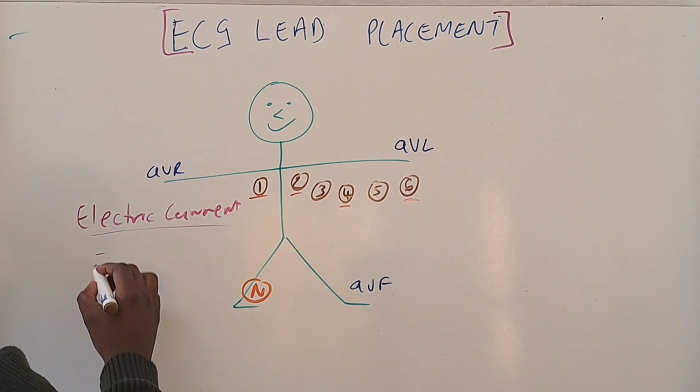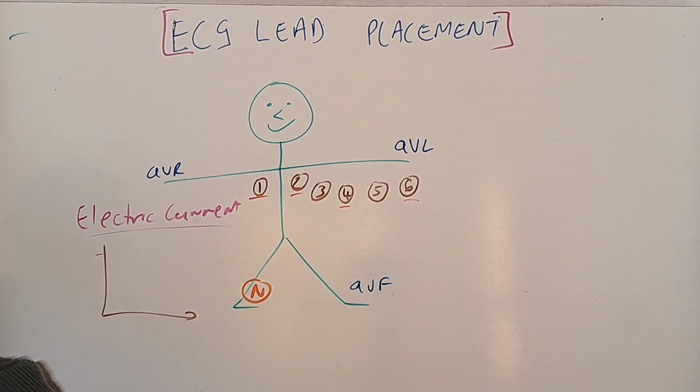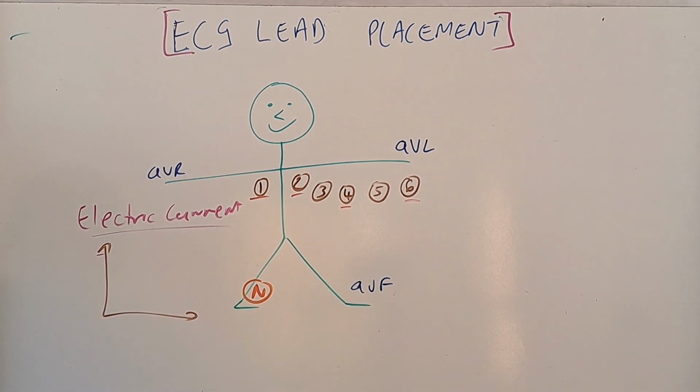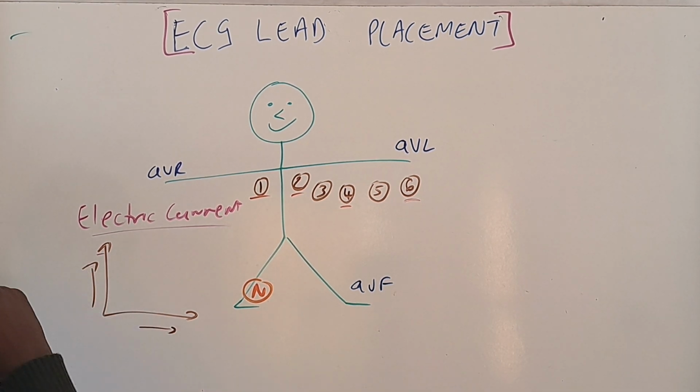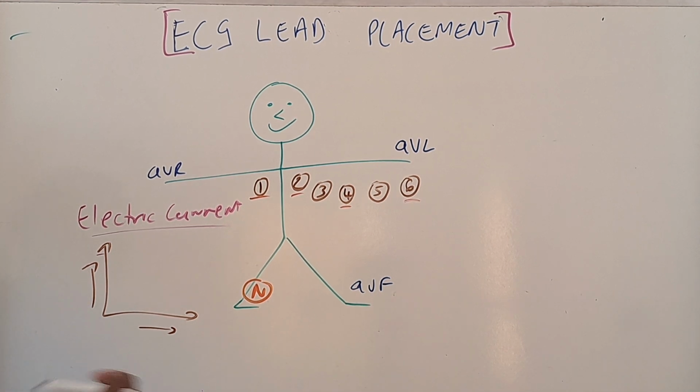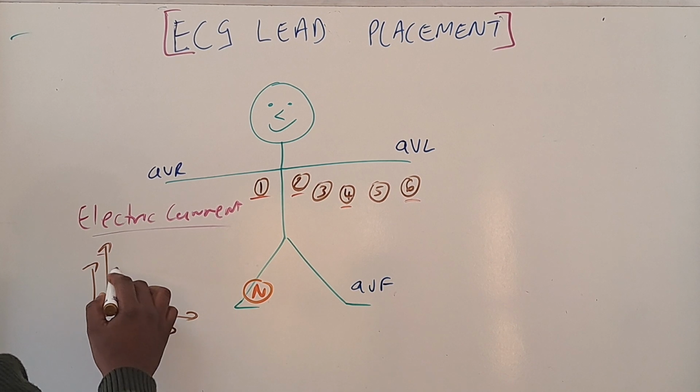Now, remember what they used to tell us, that when you've got two vectors, if one is pulling towards this direction, the other towards that direction, depending on how big these are, your resultant is going to be somewhere here.